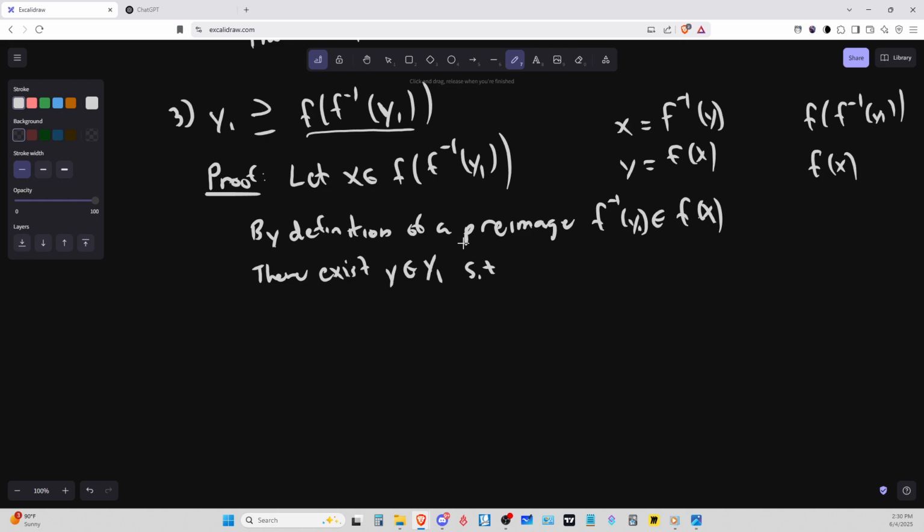It's like by definition a pre-image f inverse.